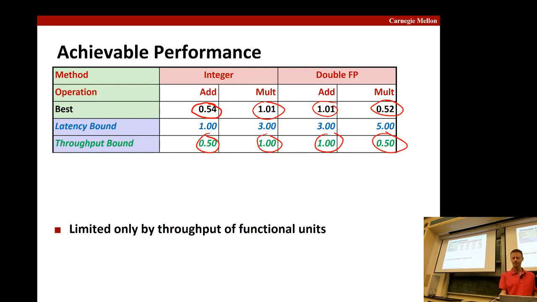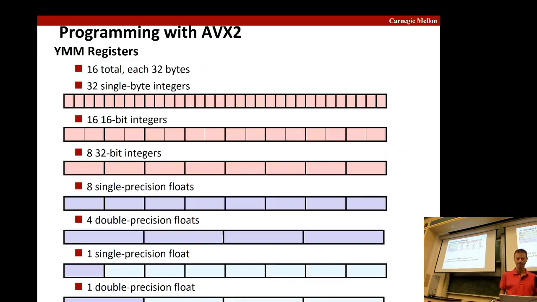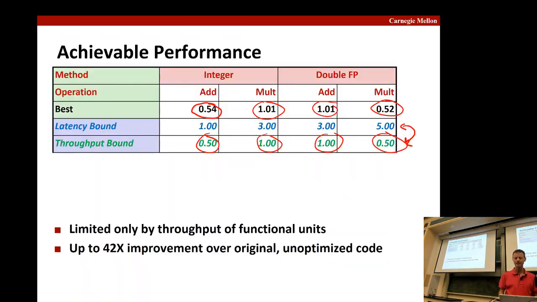And again, these limits are derived from the function units you have and their properties. This was up to a 42x improvement over the original code. Any questions on that?